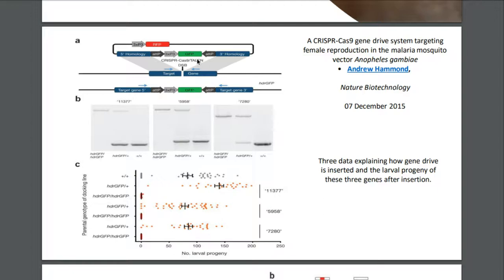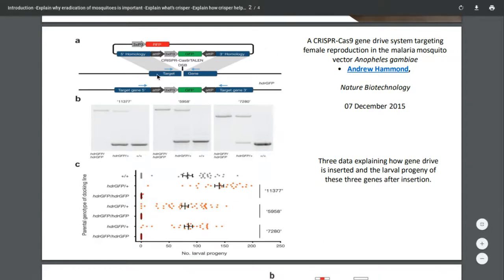Before they inserted Cas9 into the gene, they wanted to test whether the three genes involved in reproduction were good genes for homing. Would they be able to insert a gene into it, and would that gene be able to replicate into all the other genes that are also in the mosquito's body?